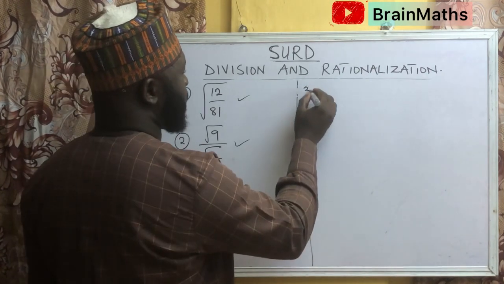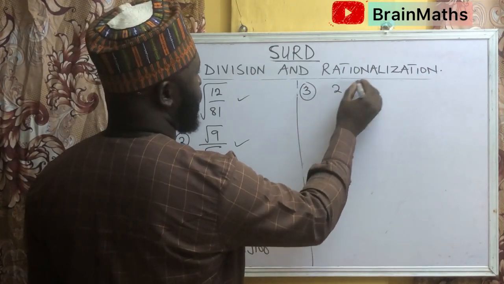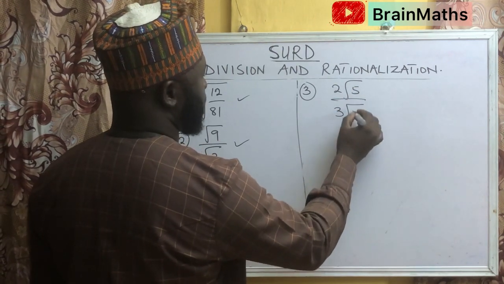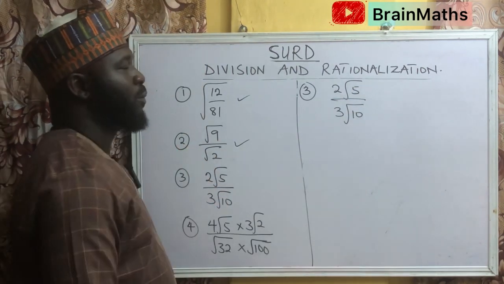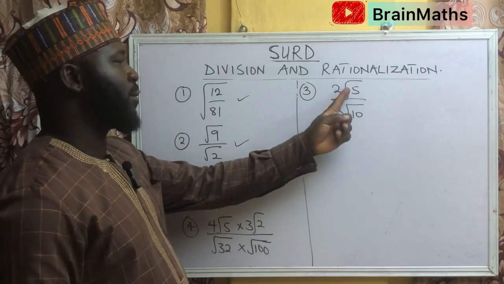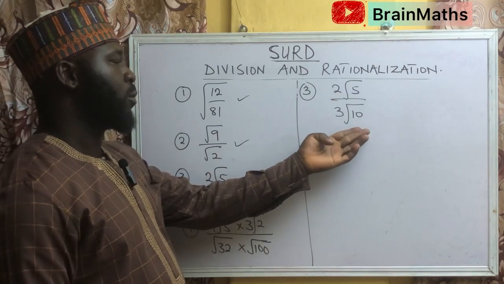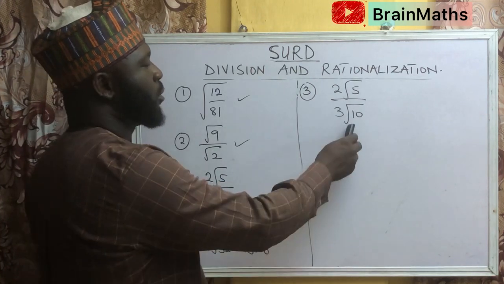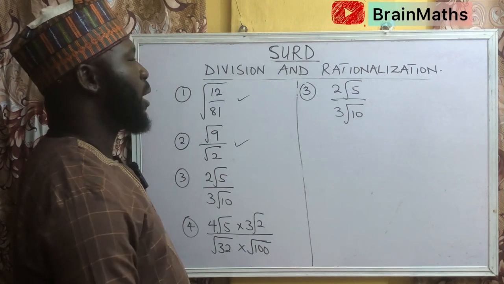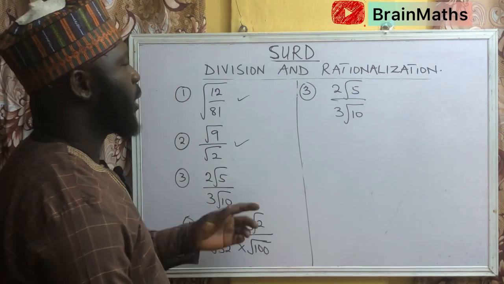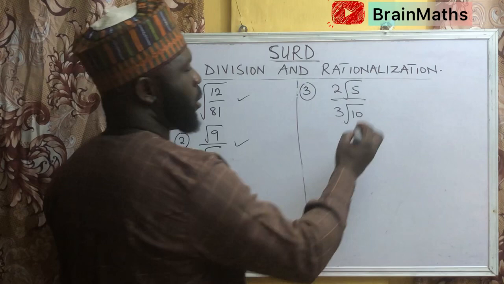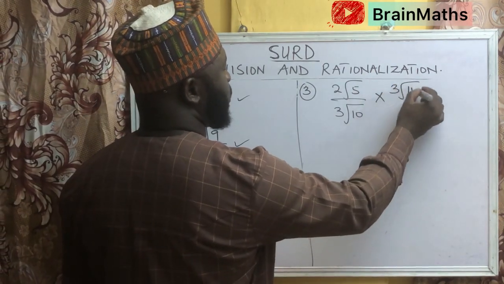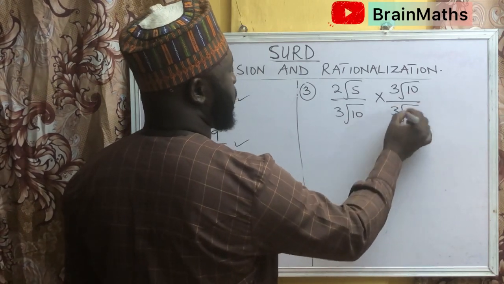Question number 3 says 2 root 5 over 3 root 10. So it is obvious that we cannot break 5 into simpler form, and at the same time we cannot break 10 into products that will give us a perfect square. So the next thing we are going to do is to rationalize by multiplying both the numerator and the denominator by 3 root 10.